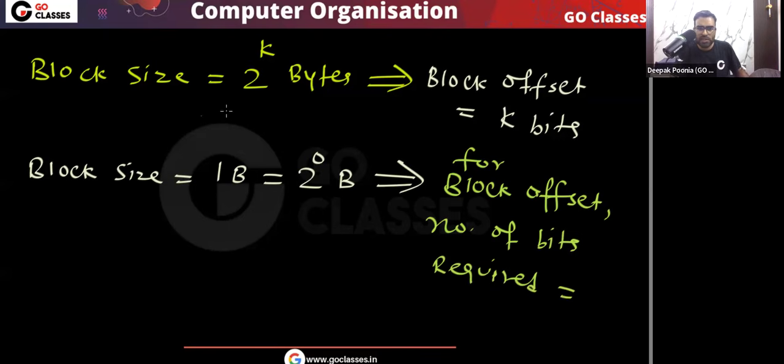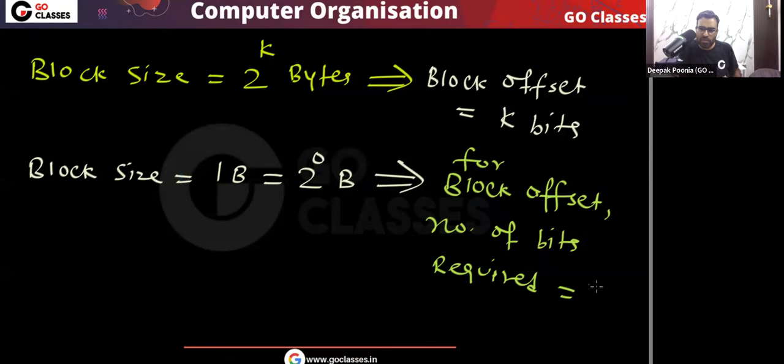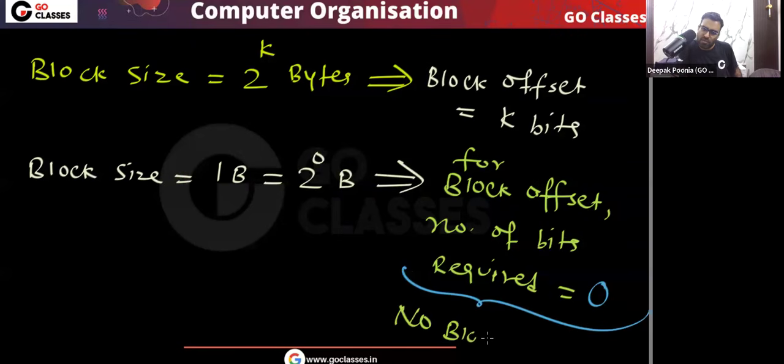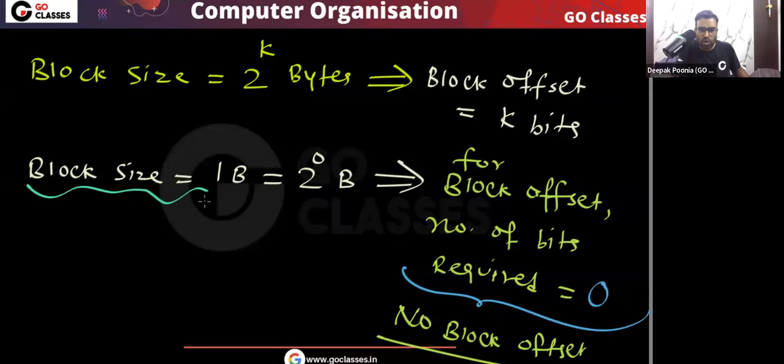It means there is no block offset. Is this clear? Remember, when the block size is 1 byte, it simply means there is no block offset.